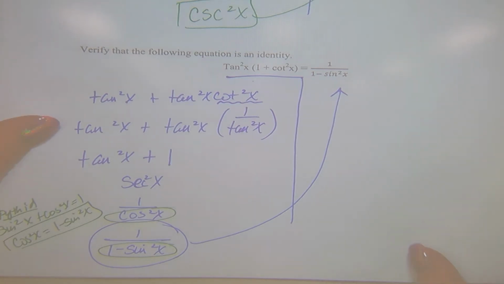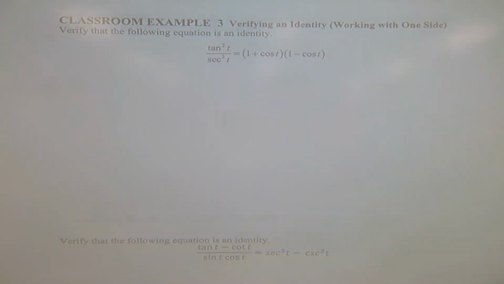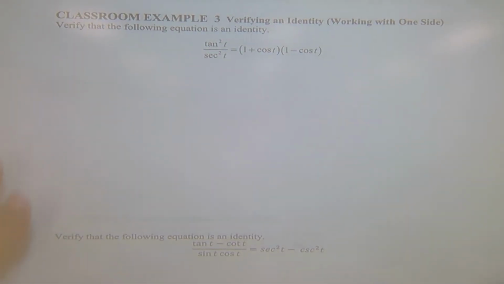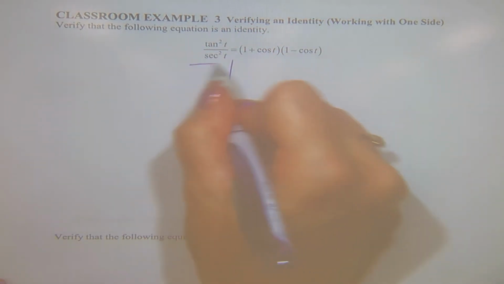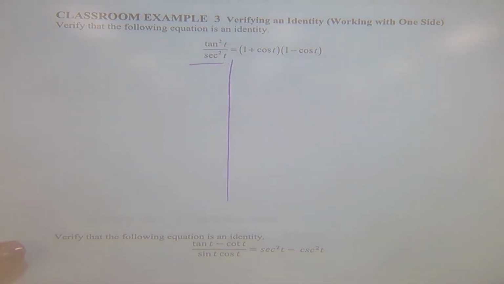All right, let's go again. Still working only one side. Now it starts getting a little trickier deciding which side is the more complex side. We're going to go ahead and work the left again. I'm going to show you two different ways to do this.